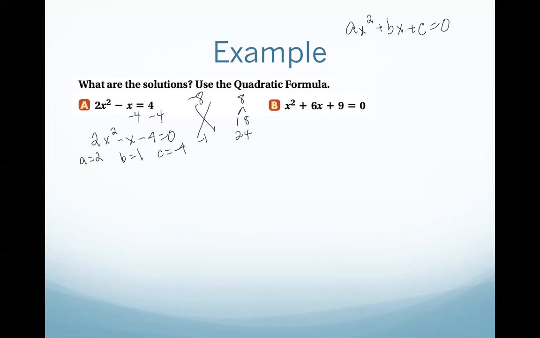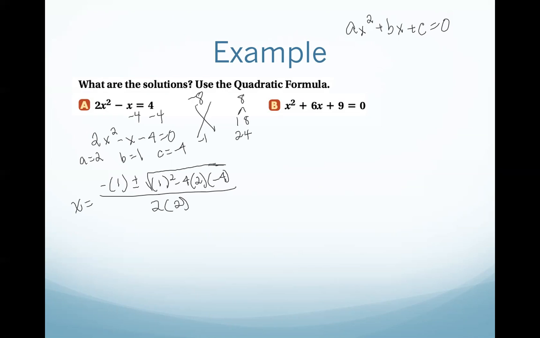So let's go ahead and use the quadratic formula. x is equal to negative b plus or minus the square root of b squared minus 4ac all over 2a.